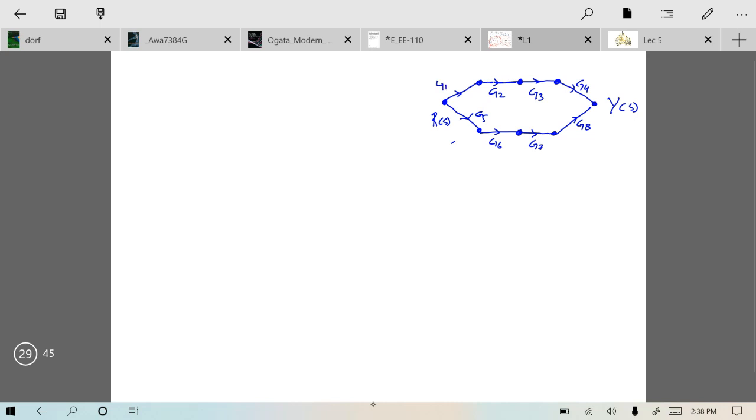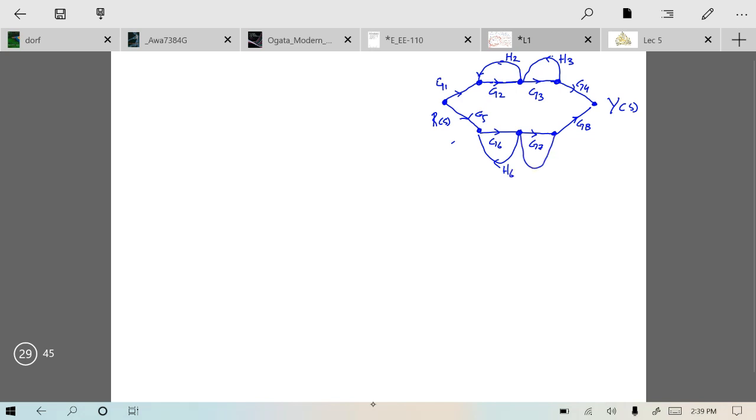This is G1. Now we have loops in this system as well. The first loop is this. It has feedback gain H2. Similarly, there is another loop over here. It has feedback gain H3. Similarly, there is a loop over here which has feedback gain H6.